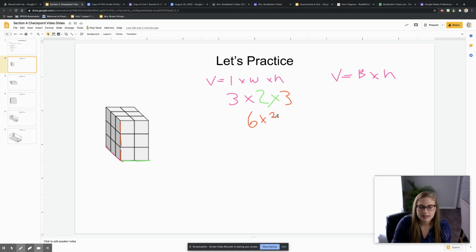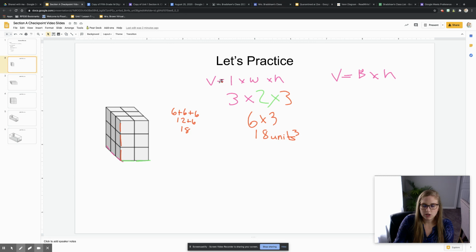And then 6 times 3. Whenever you see 6 times 3, this is saying 6 plus itself 3 times. So 12 plus 6, 18. So 6 times 3 is 18 units, because I don't have a unit of measurement, units cubed.